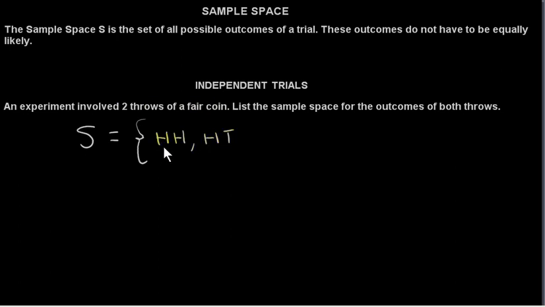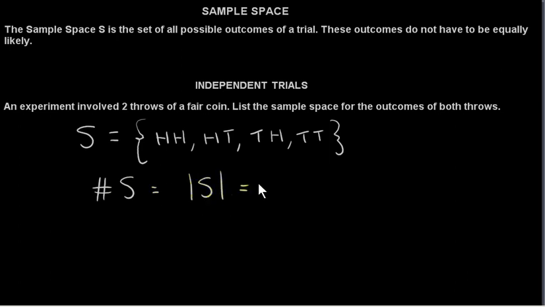So if H is first, we can either have HH or HT, and that's it. Now we need to go to a new outcome where tails could be first. If tails is first, then we have two ways to select the second throw. We could have TH or TT. So we have 4 elements in the set S. The number of elements in the set S, we can write it like this, or sometimes you'll see it written like this, is 4.